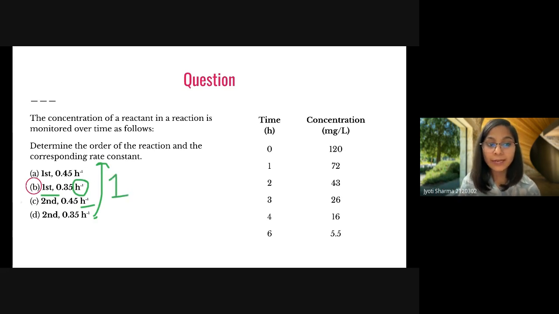So this can't be second order. So C and D are not among the right options, because if the rate constant unit is per time, then it is just for a first order reaction. Then the answer will be among A and B, and then you have to calculate the value of this constant. So how can we do this, I will tell you.